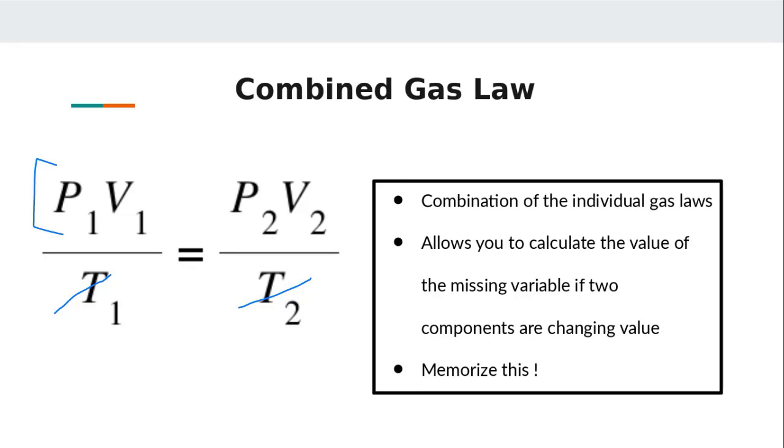All you're left with is this right here, which is Boyle's law. And it just shows the relationship between pressure and volume at constant temperature. So make sure you memorize this equation right here. Very important stuff. All right, cool.